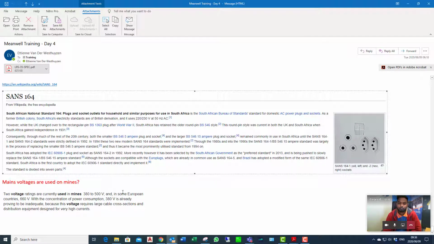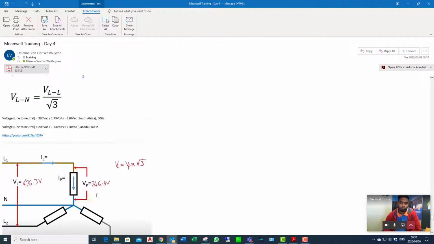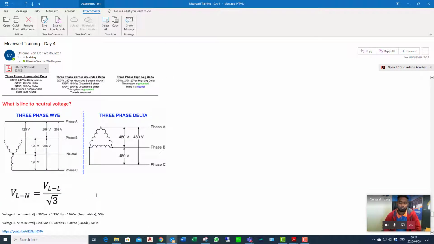In South Africa, a lot of times people ask for mines up to 500 volts. Then, coming back slightly to a technical value, where do we get the 220 volt from?